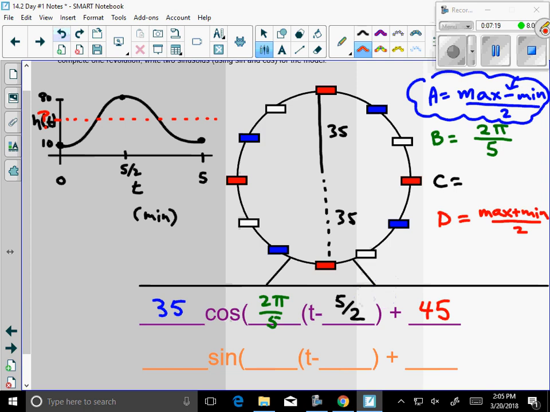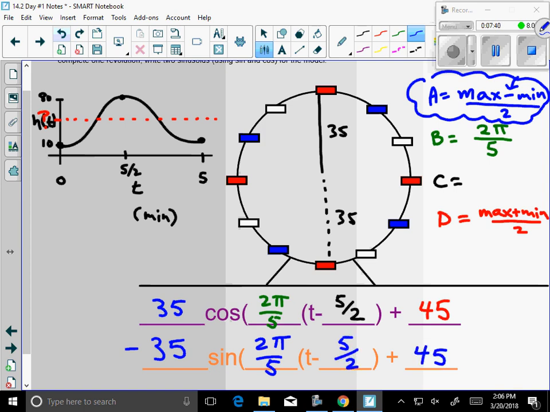Did anybody get to the sine function? Yes? Maddie, what'd you get? That's okay. Okay. Sine of 2 pi/5, and t plus 2.5 plus 45.